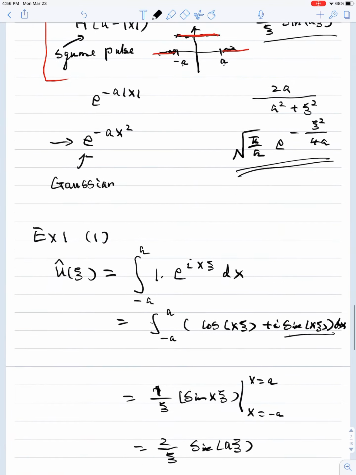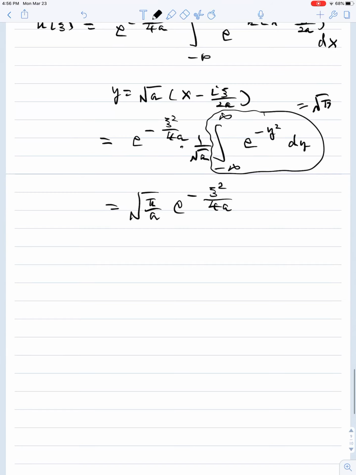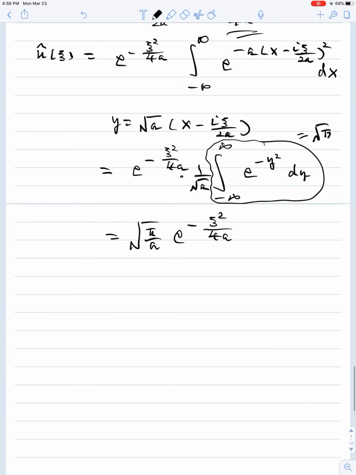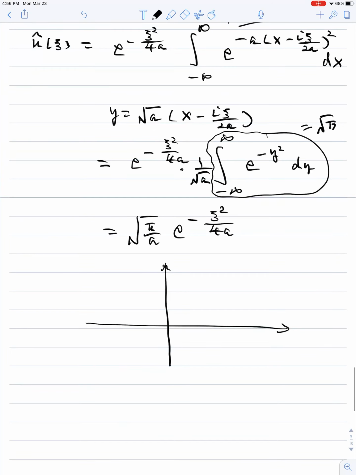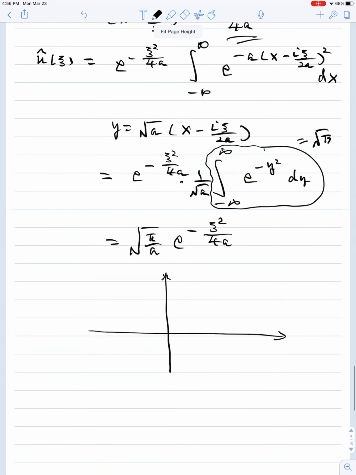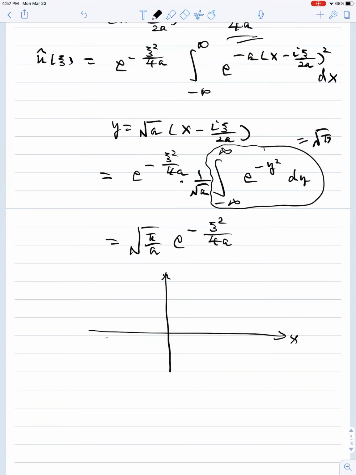Now, let me explain this subtle thing that happens here. The original integral is on the x-axis, going from negative infinity to positive infinity, along the x-axis.